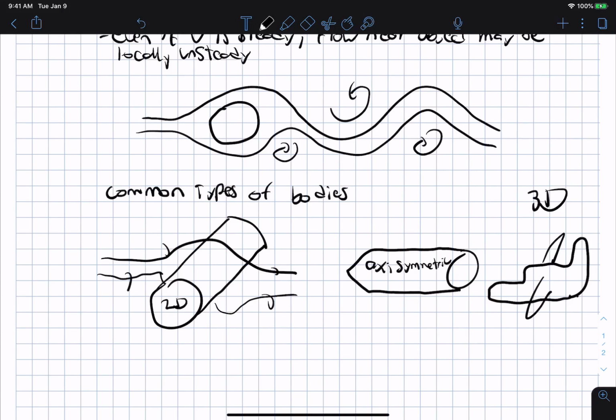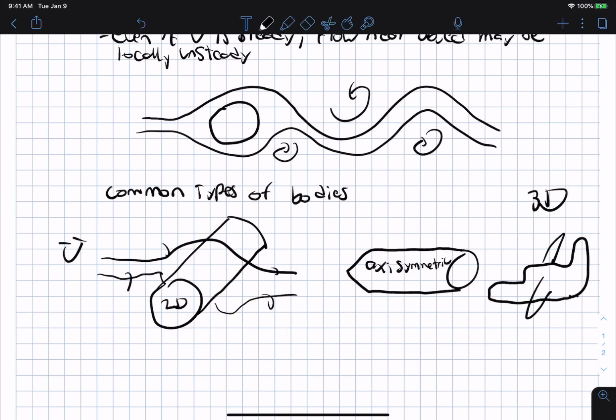There are all kinds of flow characteristics associated with these different types of bodies, and needless to say, especially for 3D, the flow over an entire airplane can be extraordinarily complex. Oh, and I forgot to draw the free stream velocity U.